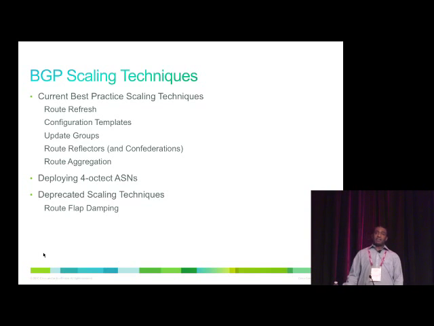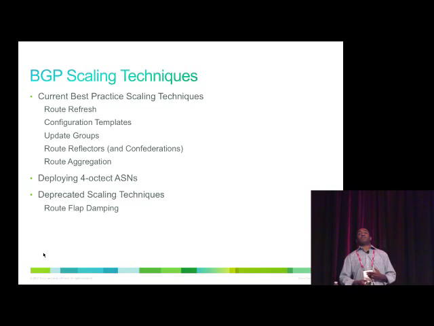So current best practice is to use route refresh, and we'll cover that shortly. It's very important to use configuration templates because it reduces errors. Update groups. Some vendors do dynamic update groups, so you don't need to do any configuration per se in that case.